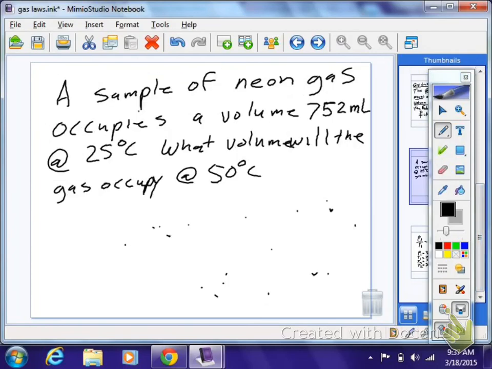If you look in your book, this is the same as sample problem C. We have 3 measurements. We got one volume and 2 temperatures. Okay? So this one is volume versus temperature, which would look like this when we're trying to solve it.